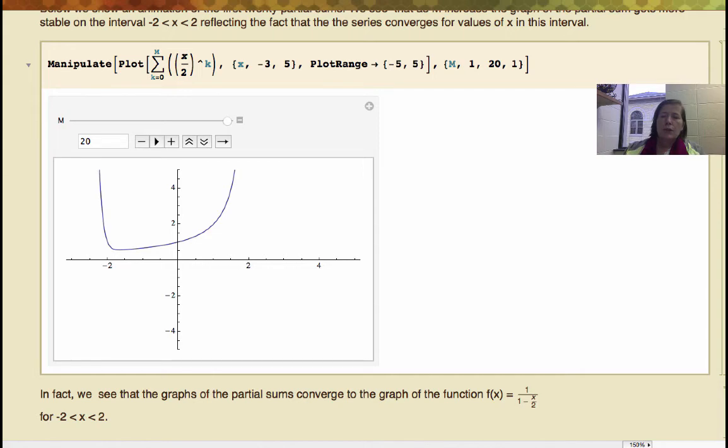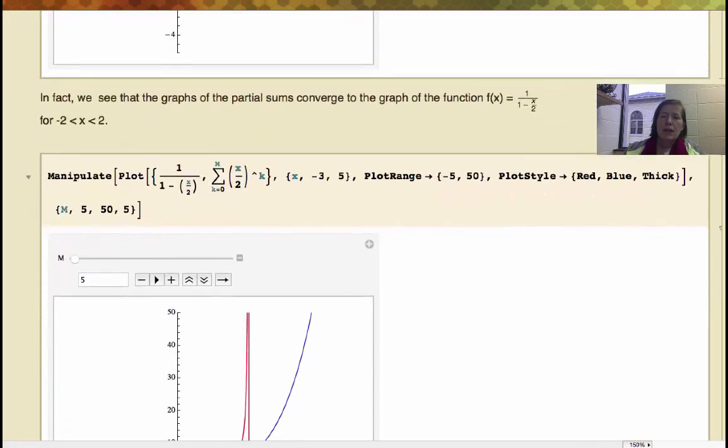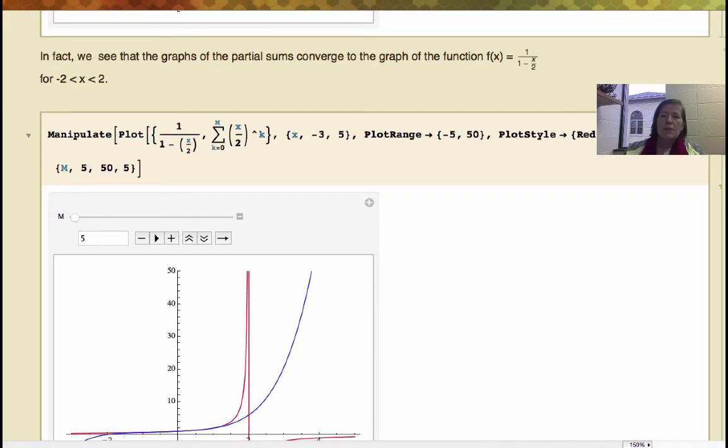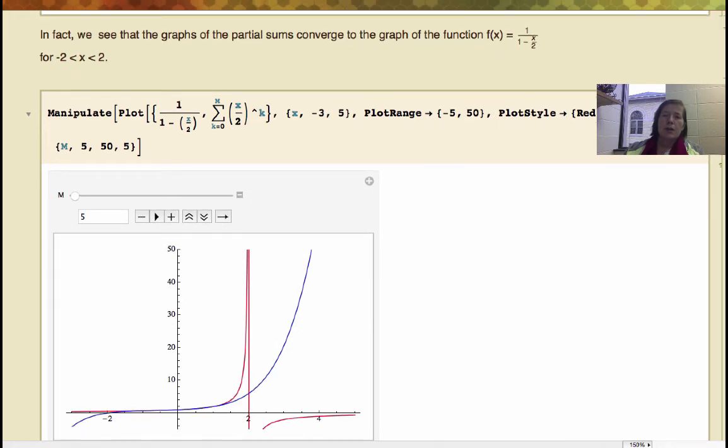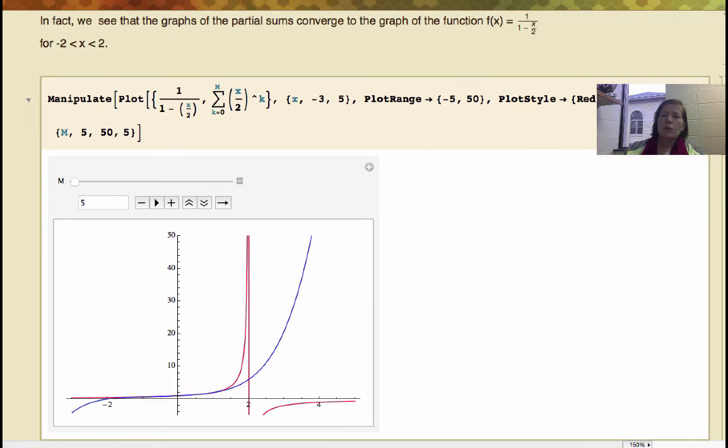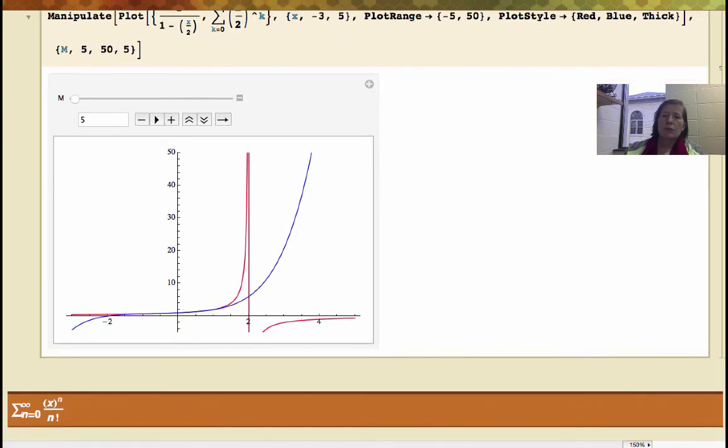And in fact, we can actually write down what that limit should be for x between minus 2 and 2. We know that the limit of these partial sums for x between minus 2 and 2 should be 1 over 1 minus x over 2. So here we've graphed that function, 1 over 1 minus x over 2, in red.